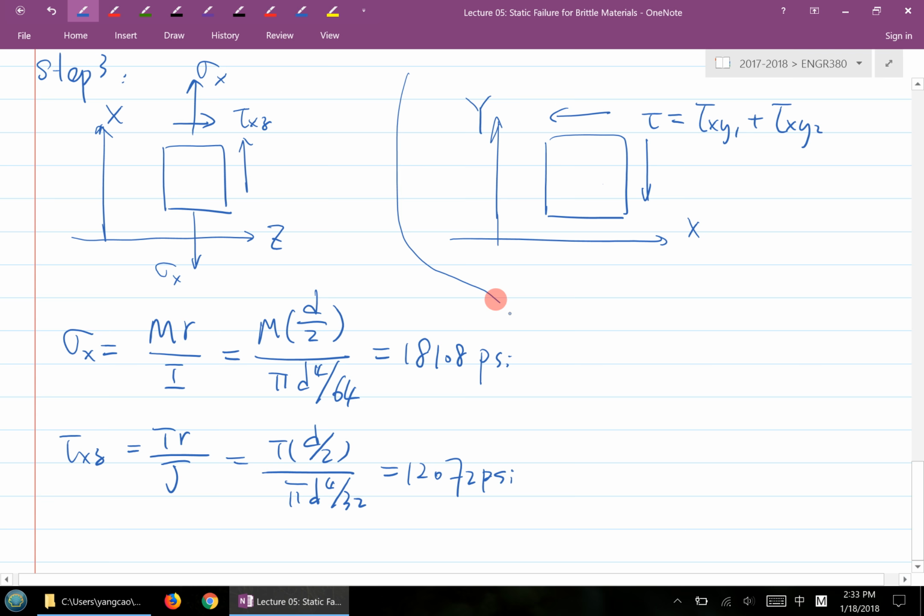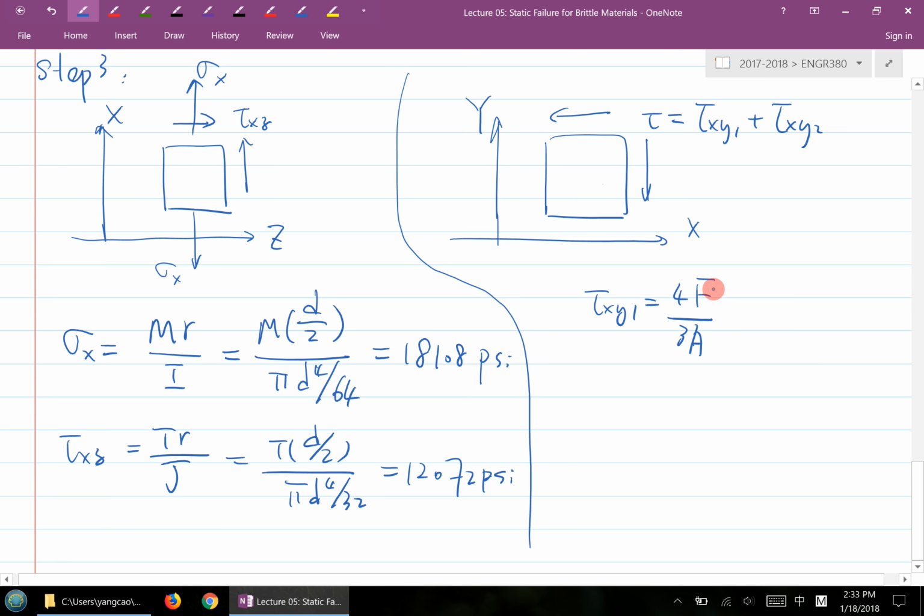And then for this stress element here, tau xy1 is due to the shear force F. Now this is a circular cross section. When you have a circular cross section, the maximum shear stress due to the shear force is 4V over 3A. V here should be F, so it's the shear force.